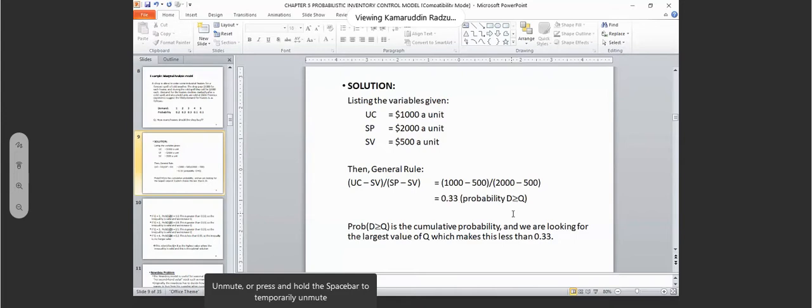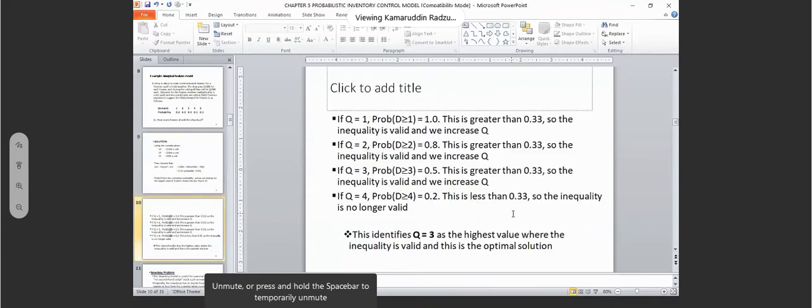If we apply the general rule of marginal analysis, we have the probability of 0.33, where 1,000 the unit cost divided by scrap value of 500 divided by selling price of 2,000 deduct the 500, the scrap value of heater. So we have the probability of 0.33.